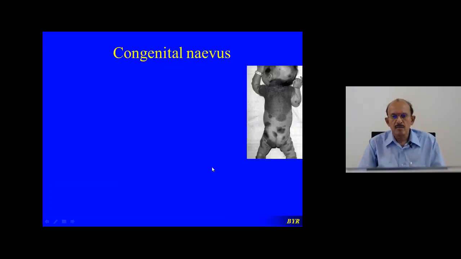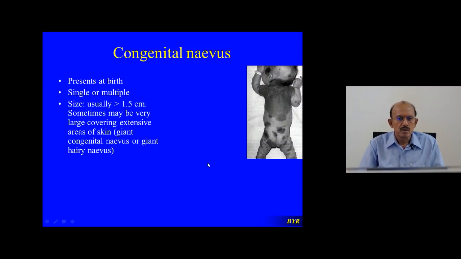Congenital nevus. Present at birth, single or multiple, size usually more than 1.5 centimeters, sometimes may be very large, covering extensive areas of skin. You can see here, a very large area of the skin is covered by this congenital nevus.